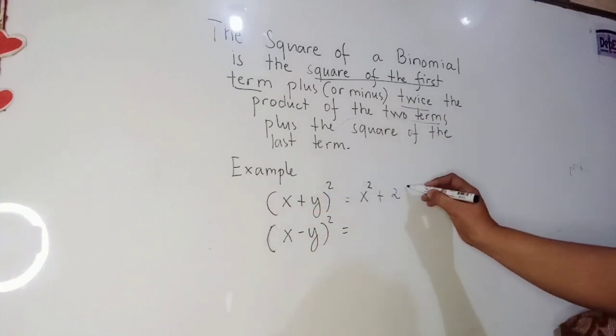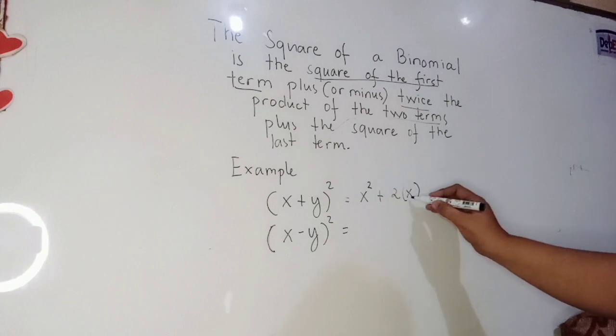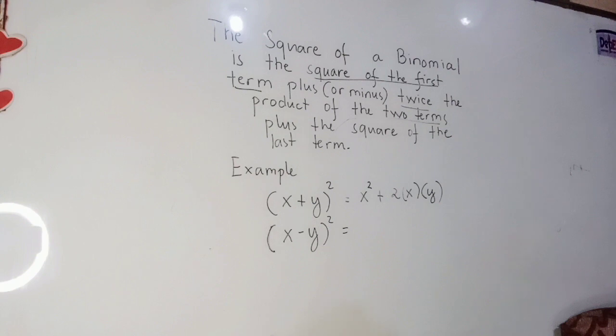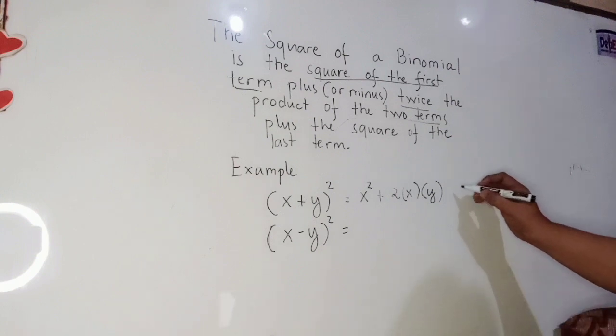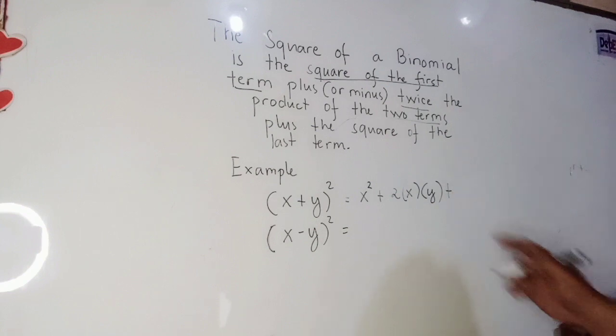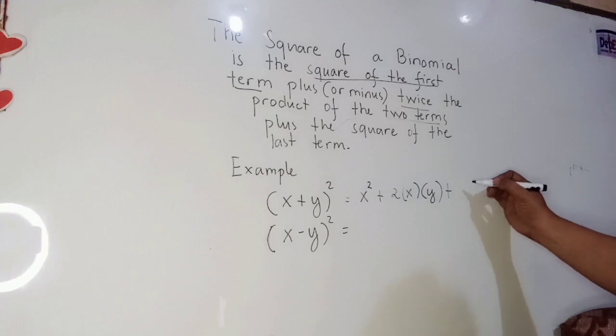So, we're going to multiply 2 times x, which is our first term, and we're also going to multiply it to our last term, which is y. Next, plus the square of the last term. What is our last term here? It is y. Again, what does it mean when we say the square of the last term? Meaning, we are multiplying y to itself, di ba? So, it becomes y squared.